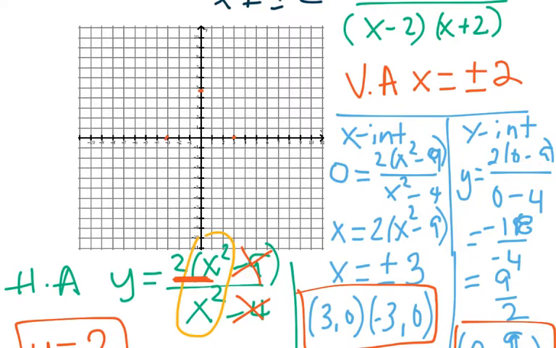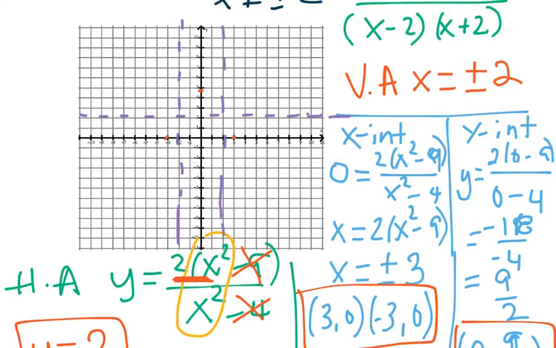Then we know that we have a horizontal asymptote at 2, so I make a dotted line when y is 2. Then we also know that the vertical asymptotes are at negative 2 and 2. So I'm going to draw that, okay?